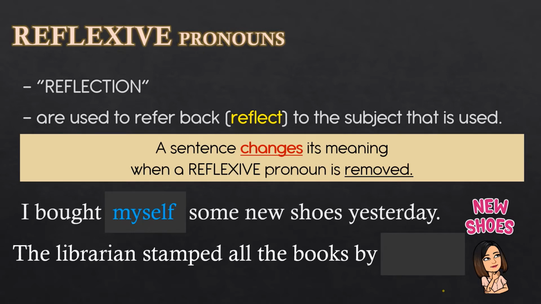Of course, the idea is no longer the same because in this particular sentence, the librarian stamped all the books by doesn't have a complete thought anymore. So we'll have it as the librarian stamped all the books by herself to make it complete.